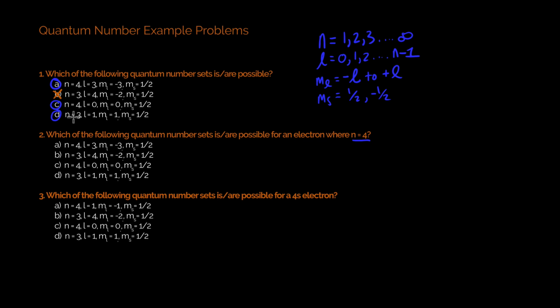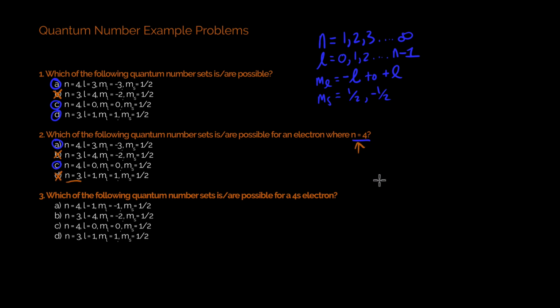So we see that for A, this one is definitely correct because n is equal to 4 and all those other rules are followed. B is still wrong. C, once again, n is equal to 4, and all those other rules are followed, so that is true. But D is not correct now, because n is equal to 3, and so that's not going to describe this particular electron.